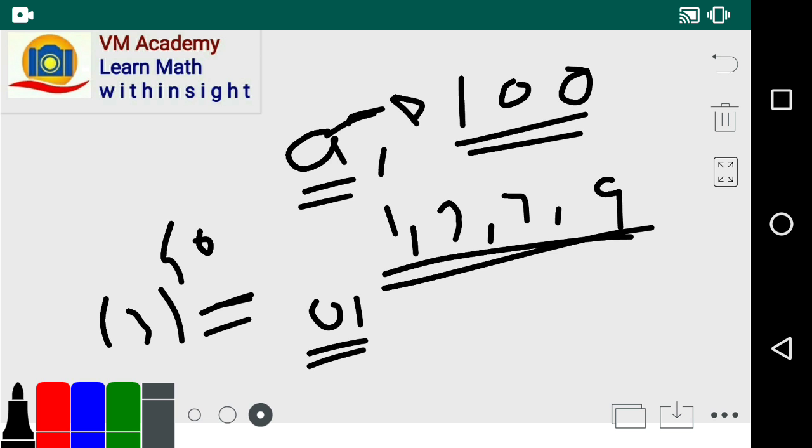So the remainder of 3 raised to 40 divided by 100 is 1. So 3 raised to 40 always ends with 0 1.